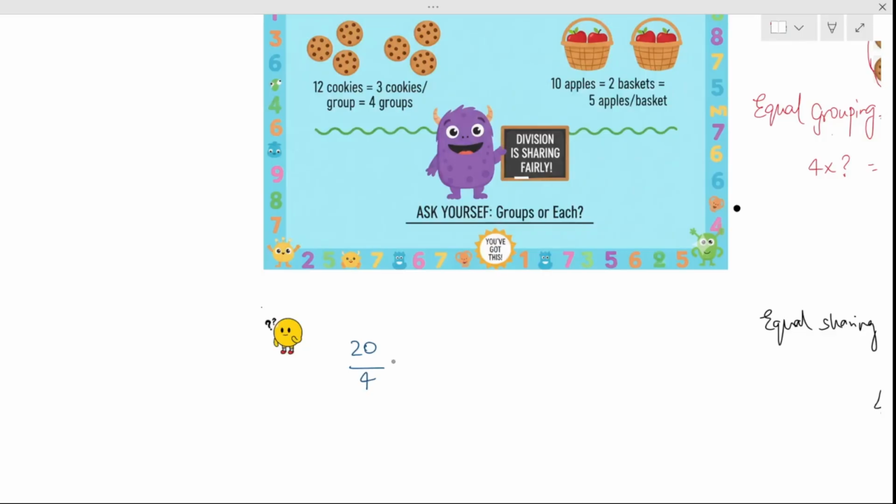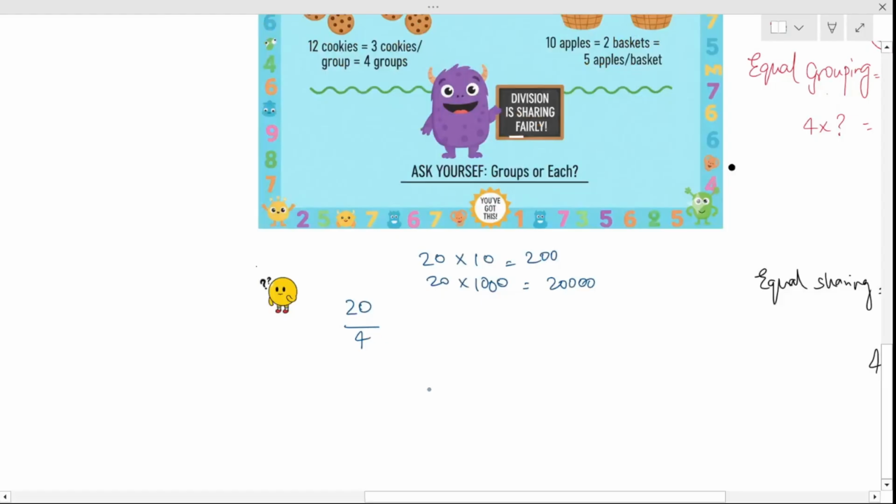Since they were already introduced to multiplication, which is very easy when multiplying by tens and powers of tens, like 20 into 100 is 2,000, or 20 into 1000 is 20,000, they wanted to try: what happens if I divide a number by 10? Say, for example, 420 divided by 10.